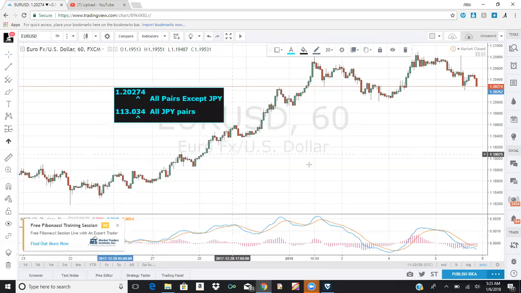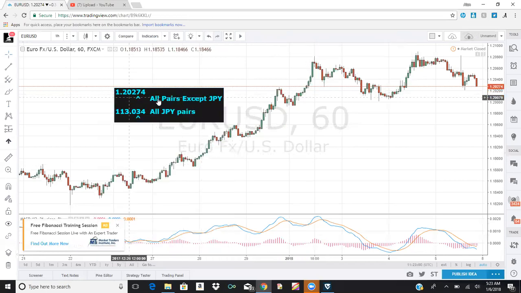Okay. So on every currency pair, this number is going to be your pip, right? So if this went up to an 8, that would be 1 pip. Went down to a 6, that would be 1 pip, right?